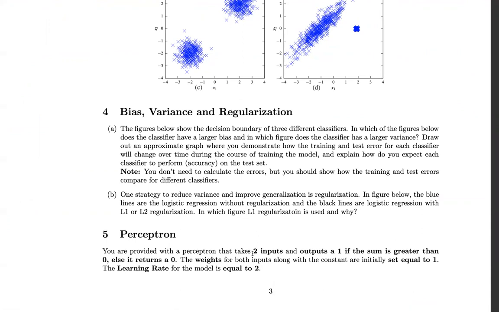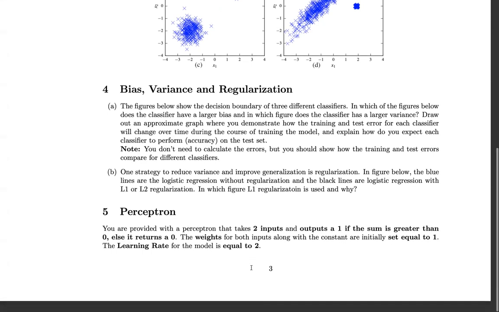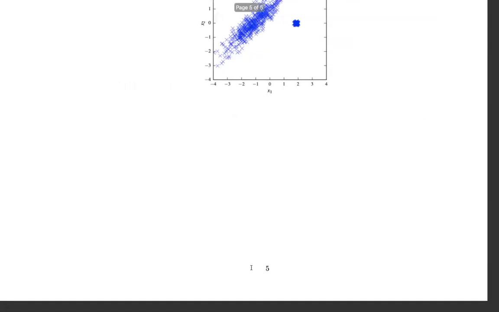In this case, it takes 2 inputs, X1 and X2, and it's a binary classifier, so it just outputs a 1 or a 0. All the weights are initially equal to 1, and the learning rate, which is our multiplier, is equal to 2. Those are the conditions we're given.